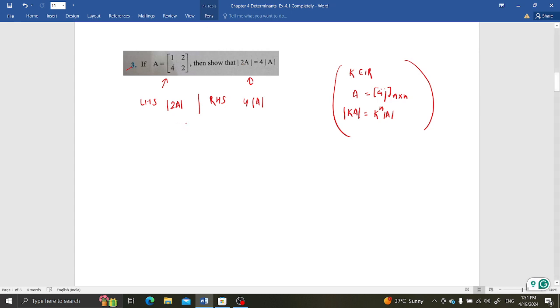So what they are saying is that the determinant of 2A we need to prove equals 2 square determinant of A. This thing we need to show.